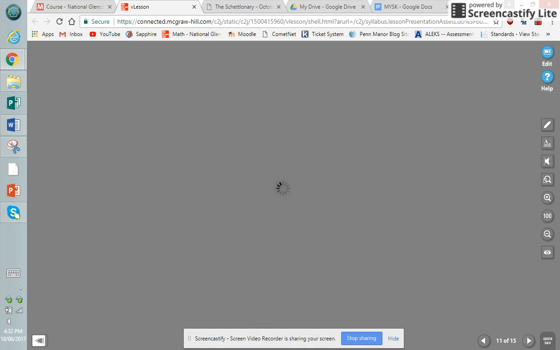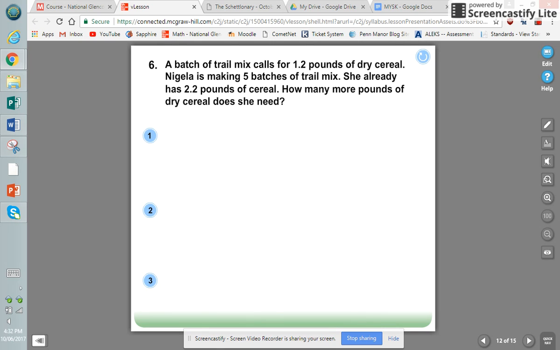I would like to get a word problem in here. No, that one. There we go. Fantastic. This word problem involves 2 things that we've learned so far in our decimals unit. First of all, I see multiplication. And second of all, well, I might see subtraction or addition. We'll find out. A batch of trail mix calls for 1 2/10 pounds of dry cereal.